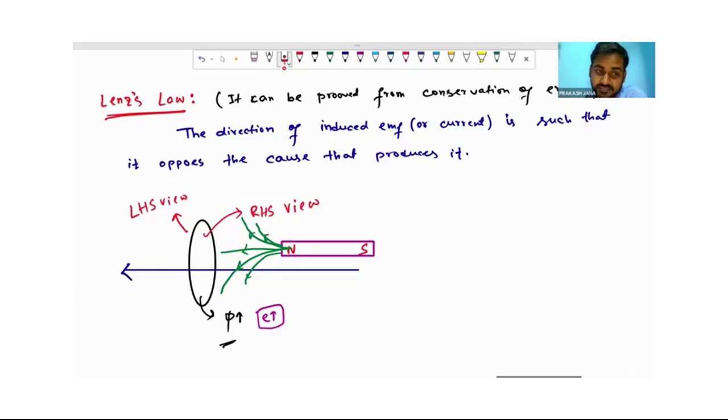That is, the coil will repel the magnet. What force can it exert? That is electromagnetic force, in this case magnetic force only. So the induced current will flow in such a direction that it will repel the magnet.